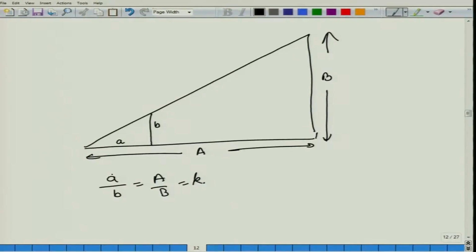Now, because small a and small b have been kept in such a way that a is equal to b, this ratio is equal to 1.